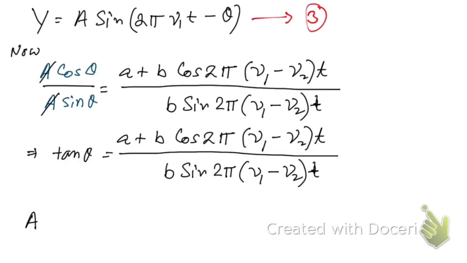Okay, so let me write here A square cos square theta, plus, if you square this, then what are you going to have?